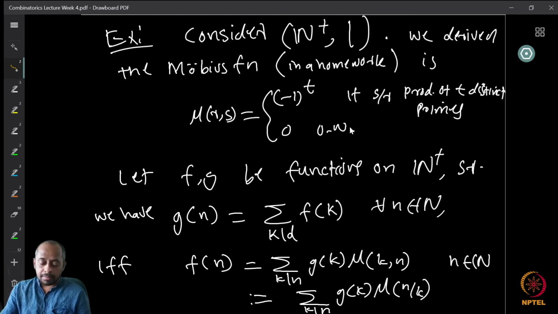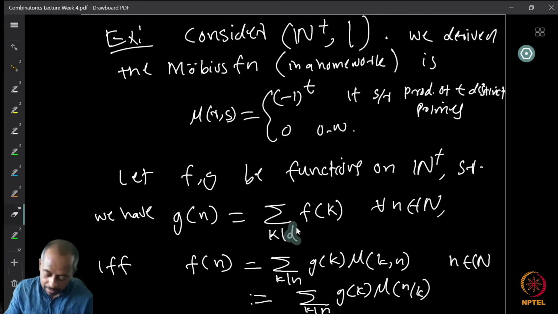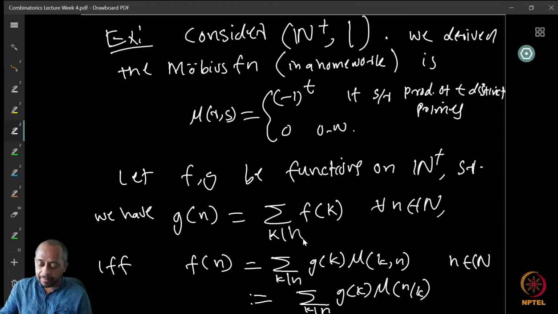So assuming that you have computed this, we can now continue. Now let f and g be functions defined over N plus, such that g of n is equal to summation over all k, the divisors of n, of f of k, for every n in N plus.